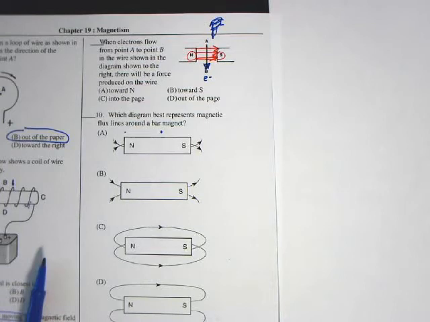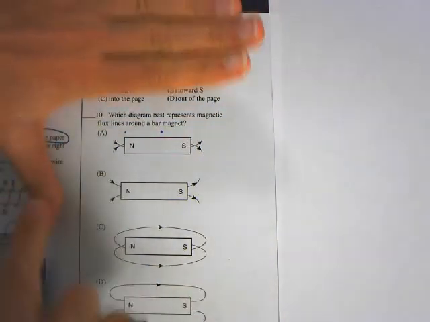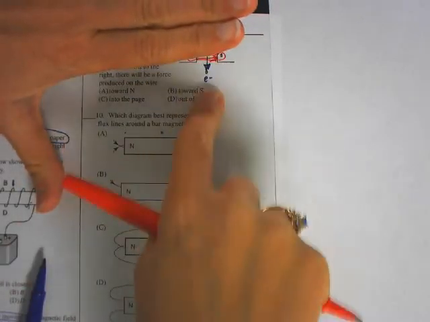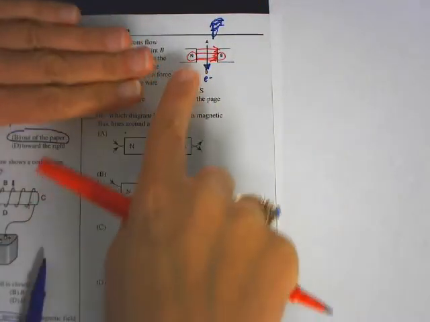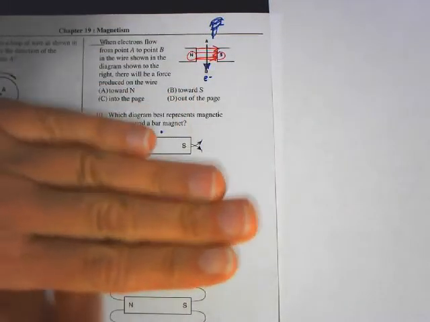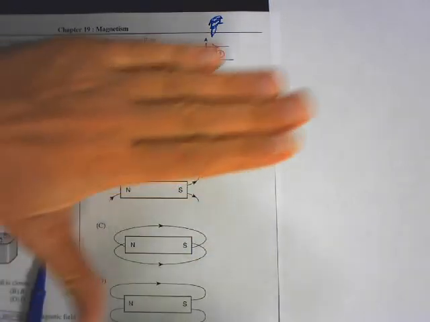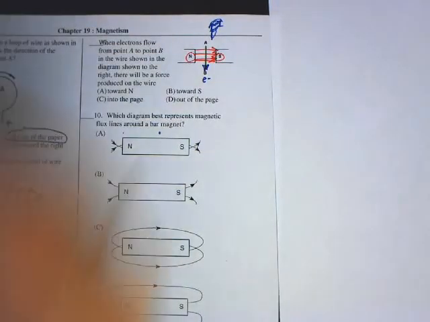My fingers are the magnetic field. So watch. This is going down in the direction of the magnetic field. My fingers are going from north to south this way. So the palm of my hand, is it facing into the page or out of the page? It's into the page, and that's it.